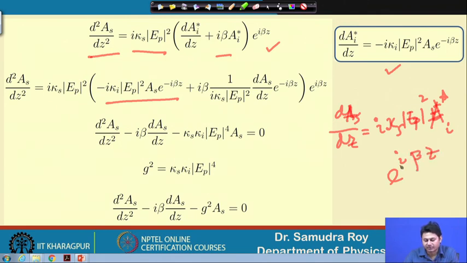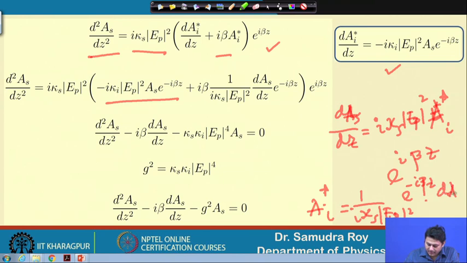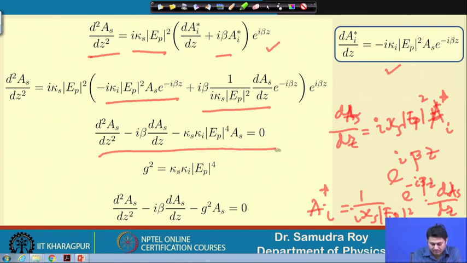That was the expression we have for A s. Now, I will replace this A I star as simply 1 divided by I kappa s E p square, e to the power of minus I beta z, multiplied by dA s dz. I will replace this term here. This is the term after replacing. Now you can simplify these things, and when I simplify we find this is the differential equation we have in our hand.